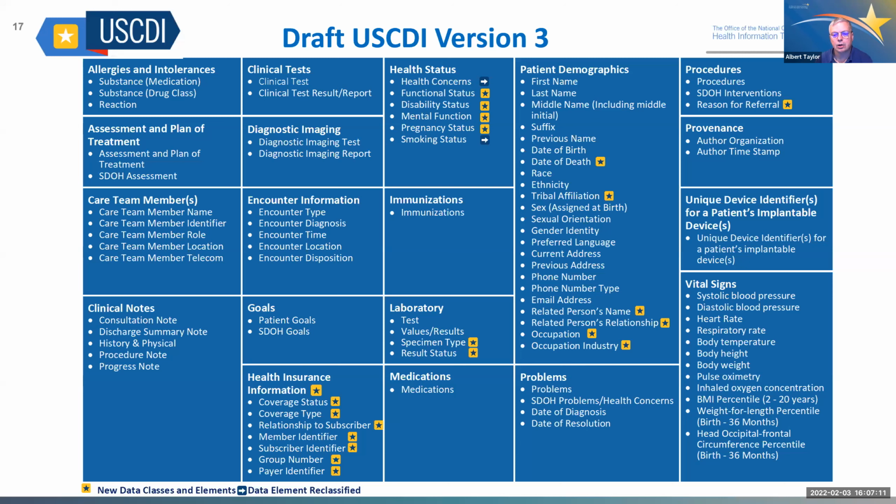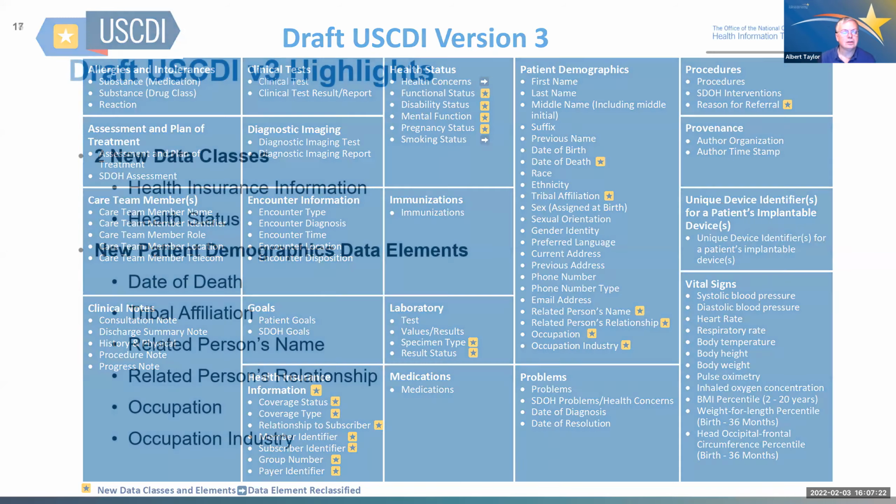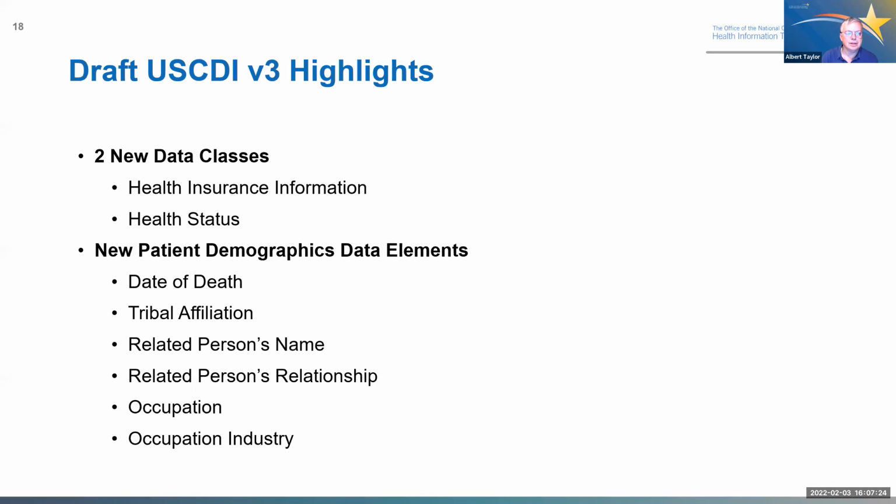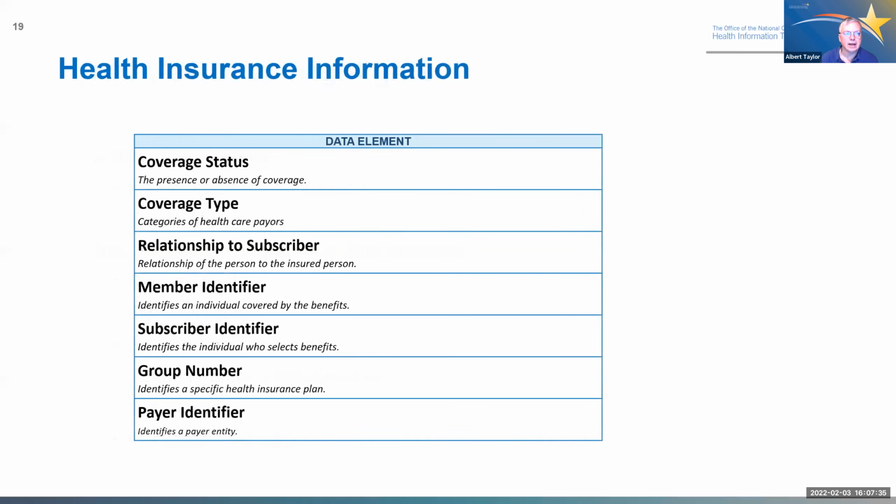We also added a number of different patient demographic data elements to assist in matching and also to identify areas of disparities. Again, the new data elements under patient demographics are listed here, and I'll go through each data class at a time to highlight these 3 data classes that had a lot of changes.